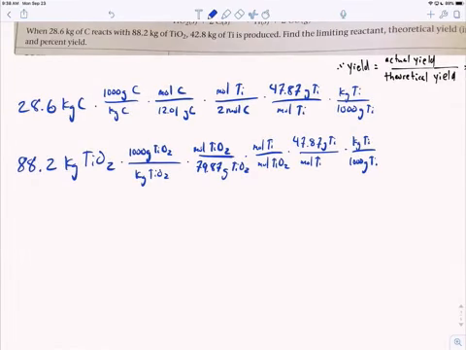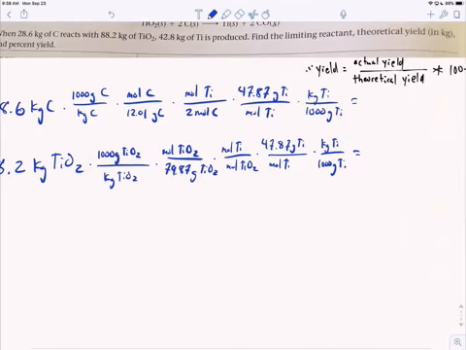Okay, so the book does not carry it all out. I will do that real fast using my free calculator. How many ads am I going to get today? Okay, 28.6 divided by 12.01 divided by 2 times 47.87, and this is 56.